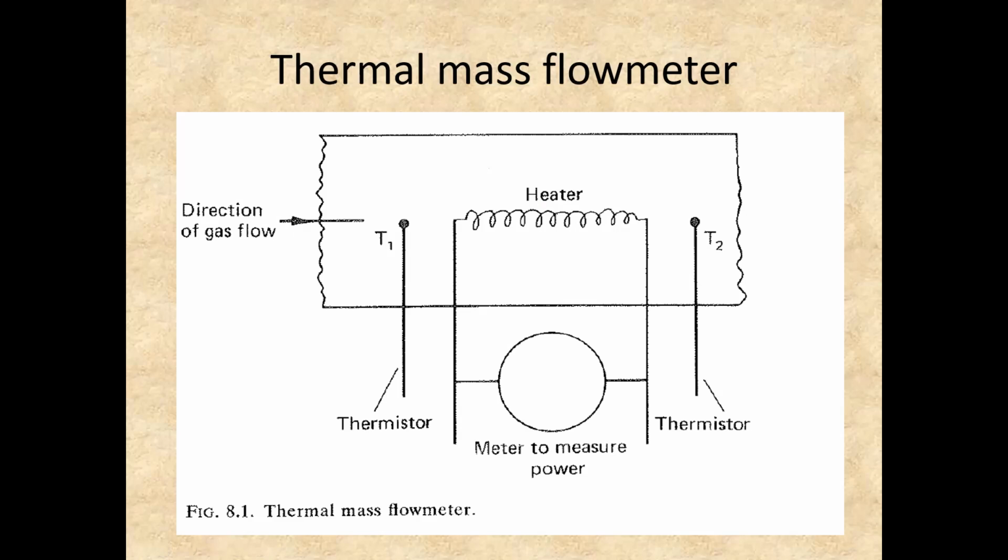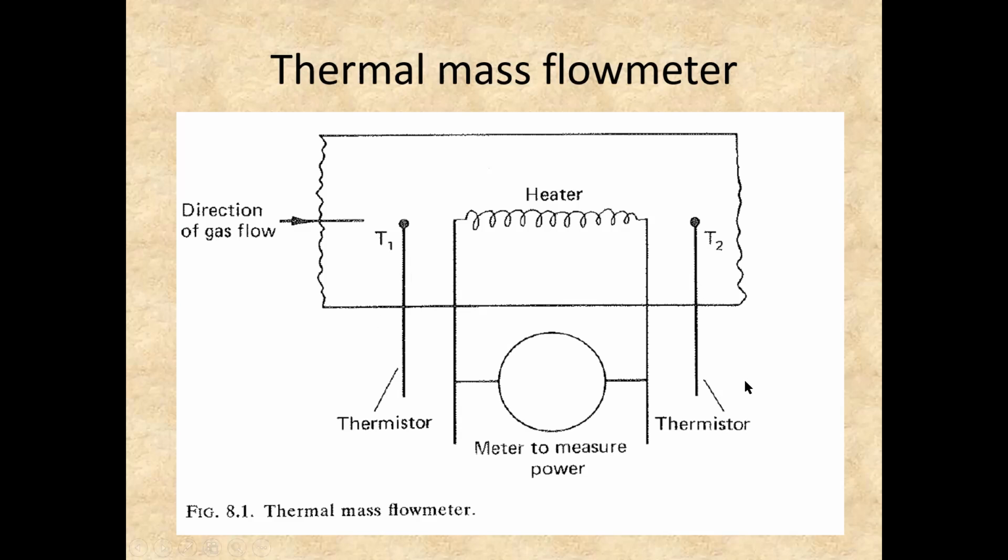So to find out the flow rate, you should know how much heat was absorbed by this gas when it flowed over this heater. This can be found out by using temperature probes, such as placing thermistors upstream and downstream of the heat source. You can see there's thermistor T1 before this heater and there's thermistor T2 after the heater.